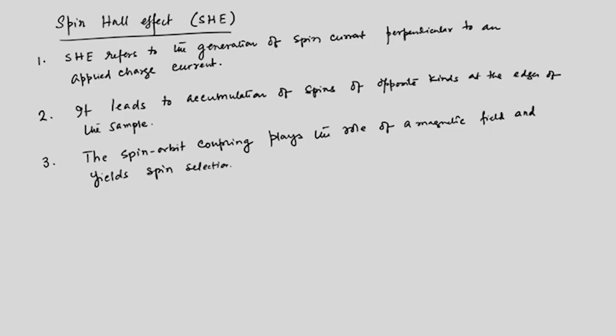That is how the up and down spins understand that they have to move to the opposite edges of the sample, and that is dictated by spin orbit coupling. In some of the doped semiconductors, spin orbit coupling is quite strong, and they can be used to give a spin polarized current or a spin Hall voltage, etc. We'll come to that in just a while.